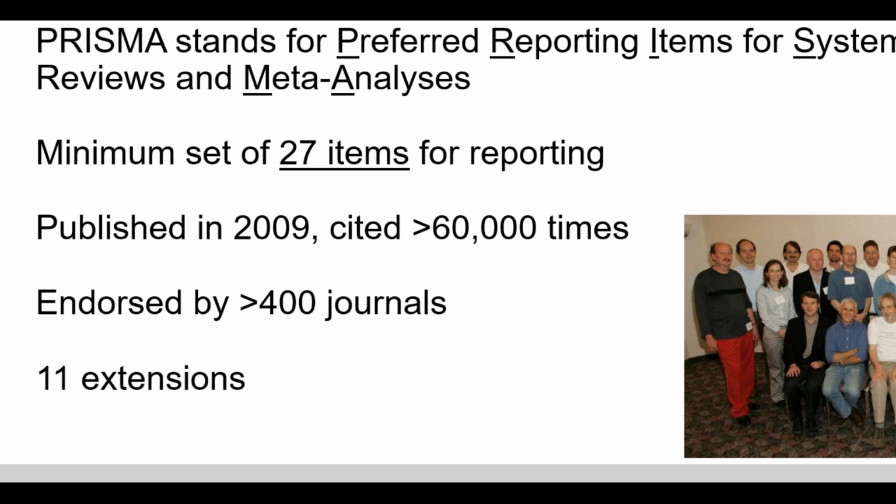It's also gone on to be endorsed by more than 400 journals, and it's also spawned 11 extensions to the main statement itself, each focusing on particular types of systematic reviews, such as reviews of diagnostic test accuracy, or to particular types of methods, such as reviews with network meta-analysis or reviews with meta-analysis of individual patient data.